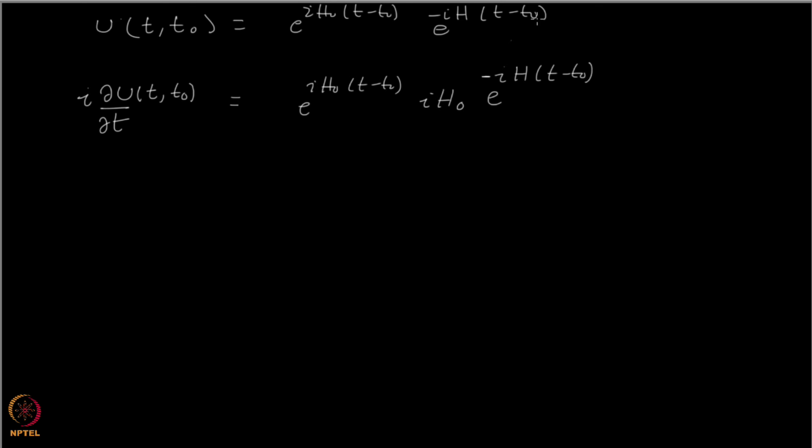And then when I take the derivative on the second term, it gives me iH0(t - t0), that pulls out a minus iH, and e to the minus iH(t - t0), and I have been forgetting to multiply a factor of i. Okay, so i squared is minus 1, and this one will have plus 1 because minus i times plus i gives you plus 1. So I can write the above expression as follows.